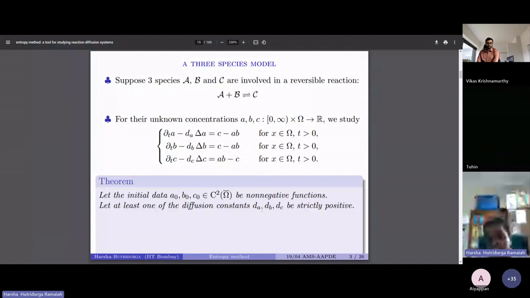So you assume that at least one of them is strictly positive. Then there exists a unique non-negative solution to this reaction diffusion system, and that is also smooth. So it is C2 in both time and space, each of these, A, B, and C.